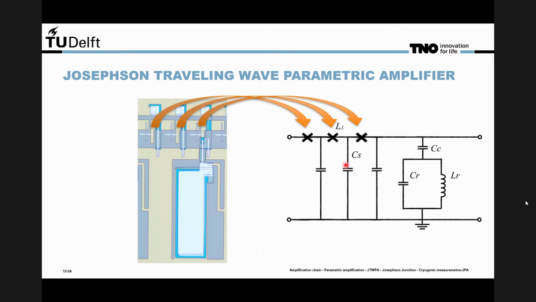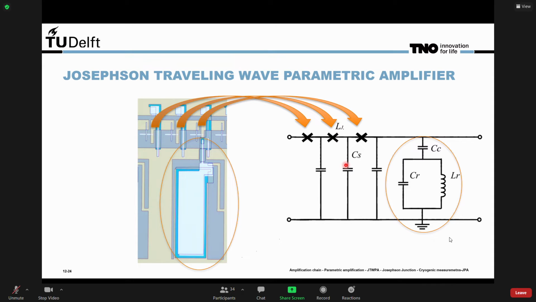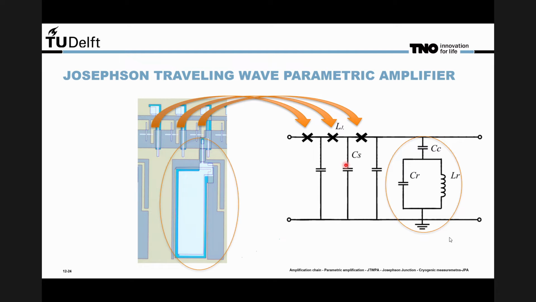And lastly, we also have an RPM resonator. RPM stands for resonant phase matching. And this element is used to manipulate the dispersion of the propagating wave. This is needed to optimize the gain of our devices.